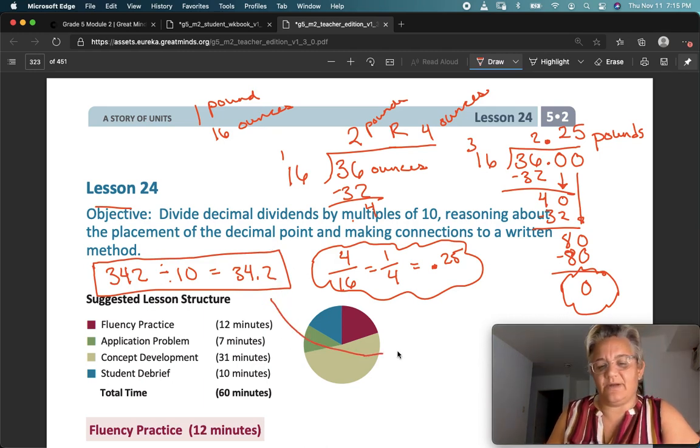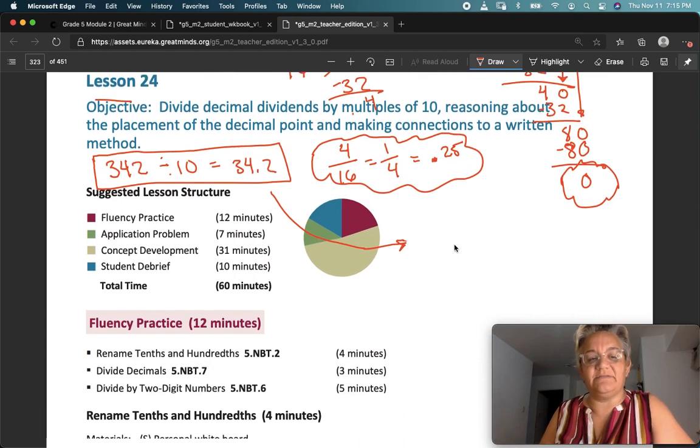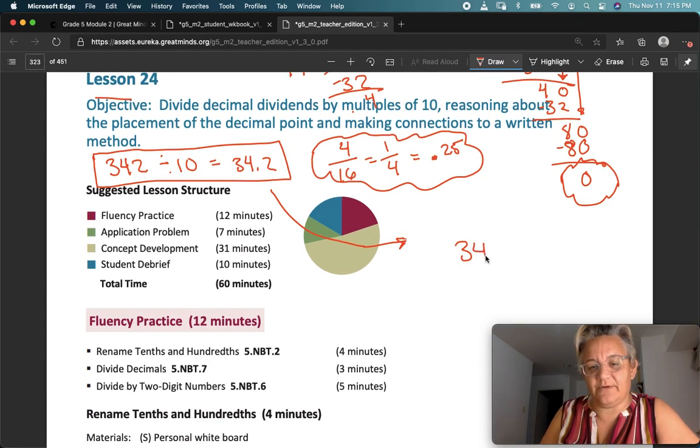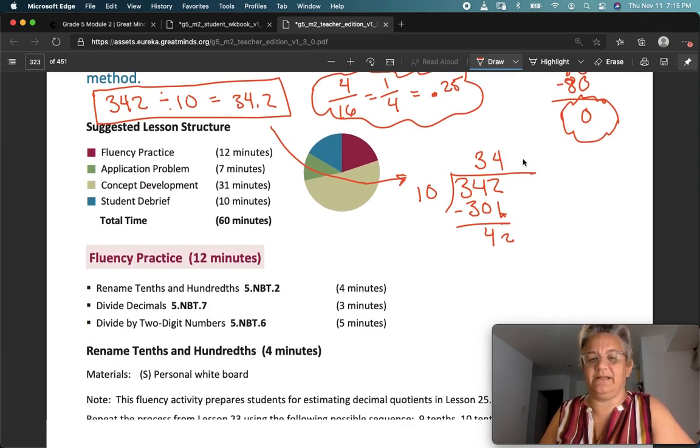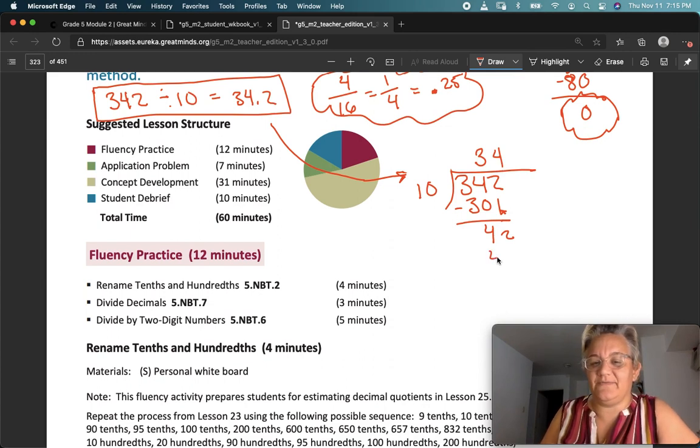And if I wanted to write this as a long division problem, 342, I would solve it in the same way, right? 10 goes into 3 0 times. 10 goes into 34 3 times, right? And then I would have a 4 here, and I bring down the 2. 10 goes into 42 4 times, right? 4 times 10 is 40, but now what's happening?